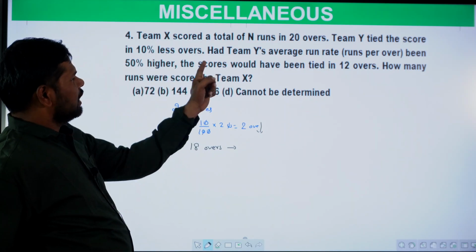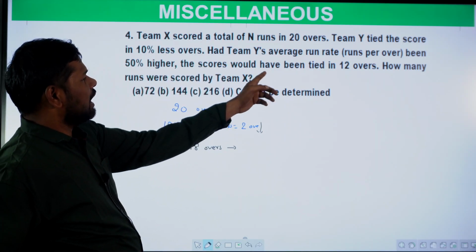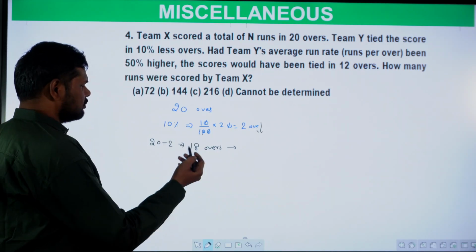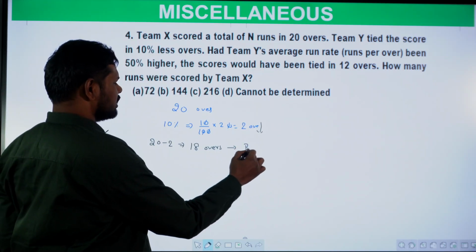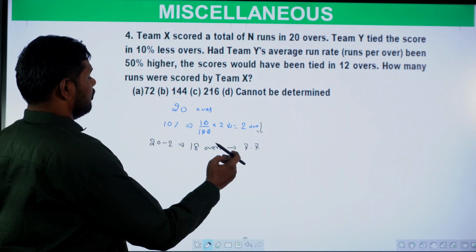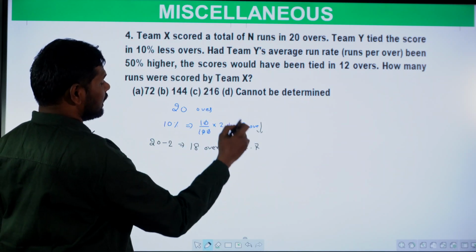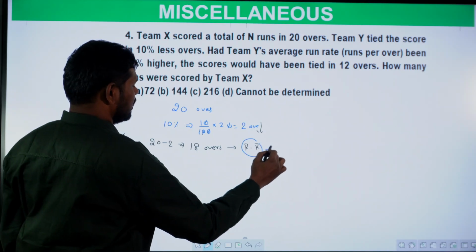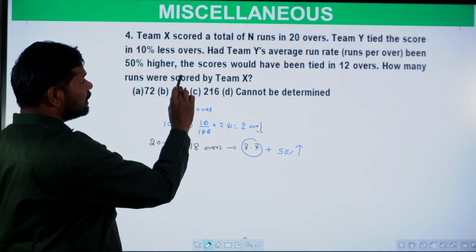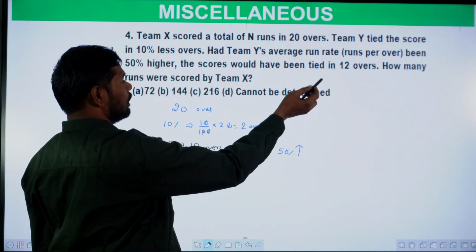That is the given. Had Team Y's average run rate been 50% higher, suppose we don't know the exact run rate, in 18 overs they score with a certain run rate, but with exactly 50% higher, whatever the run rate is plus an extra 50%, then the scores would have been tied in 12 overs.